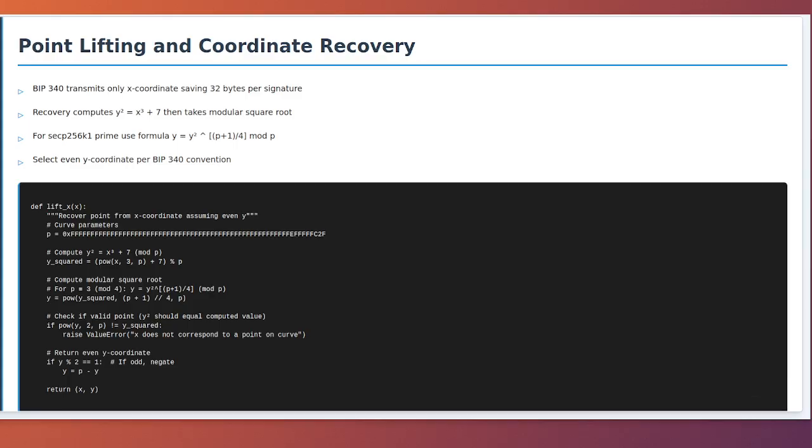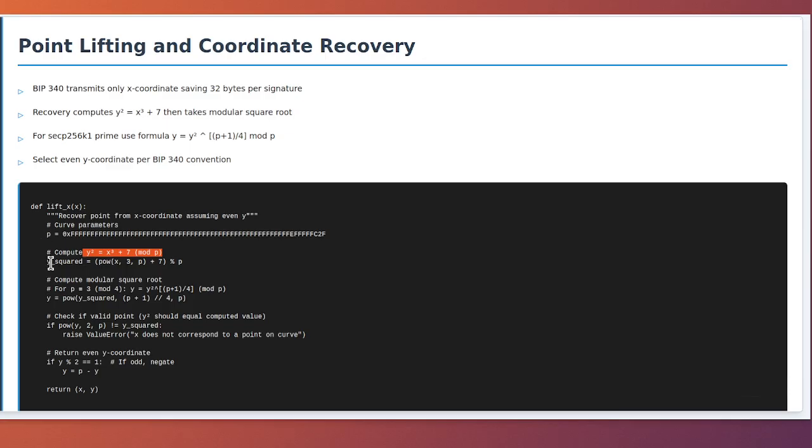To understand point lifting, let us recall the SECP256K1 curve equation. y squared equals x cubed plus 7, all modulo the field prime p. Given an x-coordinate, we can compute y squared by evaluating x cubed plus 7 modulo p.